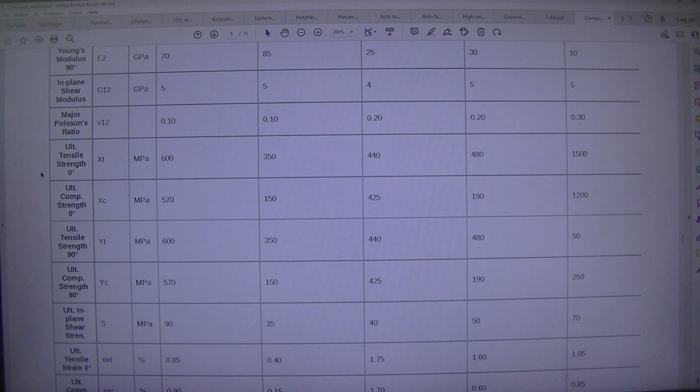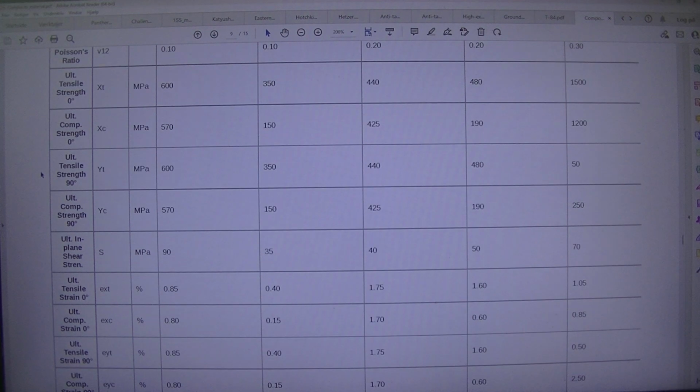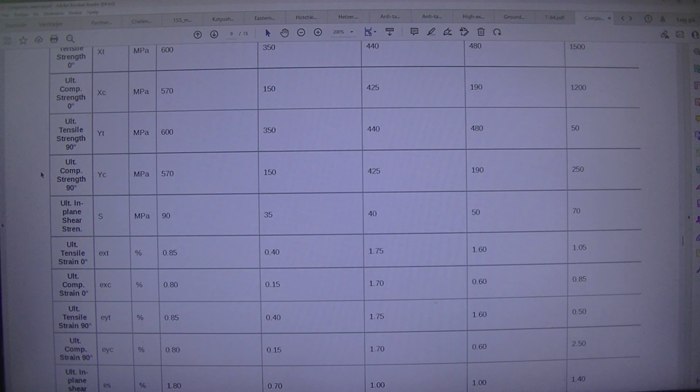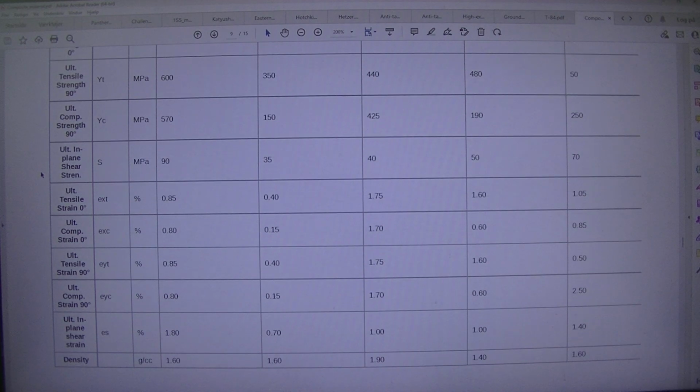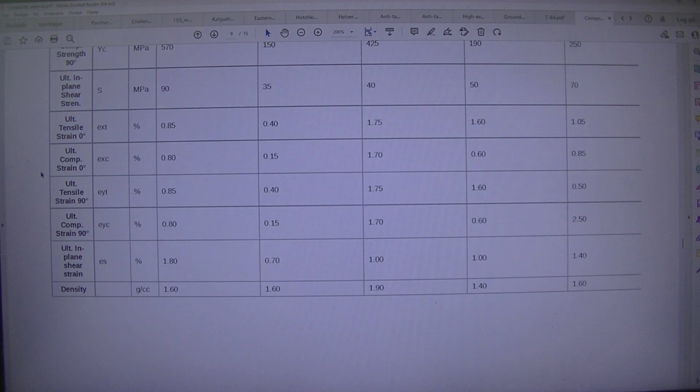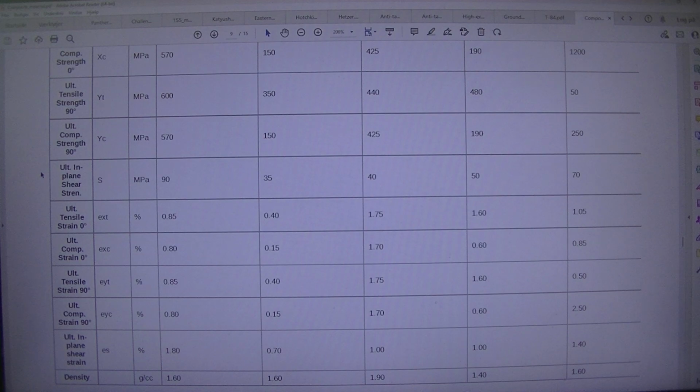Young's modulus 0 degree E1 GPa 70, 85, 25, 30, 135. Young's modulus 90 degree E2 GPa 70, 85, 25, 30, 10. In-plane shear modulus 12 GPa 5, 5, 4, 5, 5. Major Poisson's ratio.